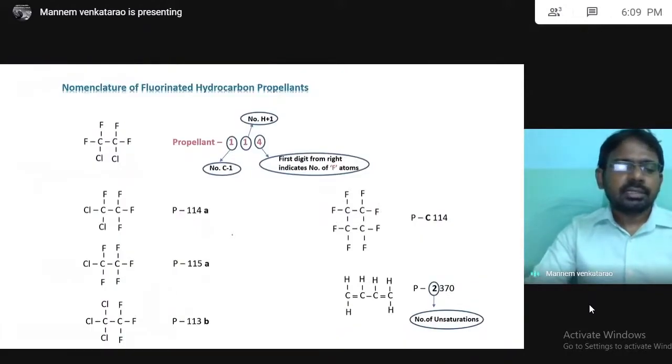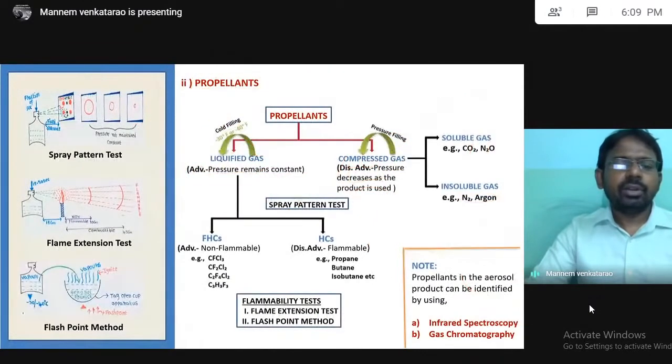The next class, liquefied gases, is again classified into two categories: one is hydrocarbon propellant, another is fluorinated hydrocarbon propellant. Hydrocarbon propellant, as the name itself indicates, means the propellant containing hydrogen and carbon. Examples are propane, butane, isobutane, neobutane.